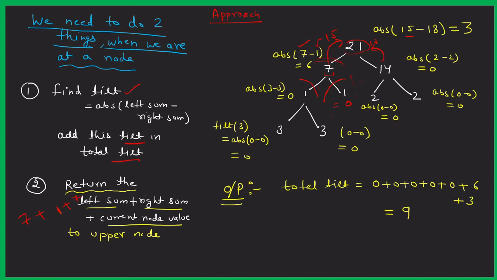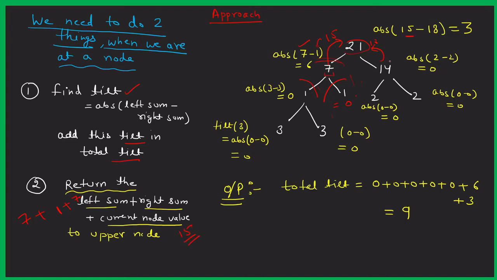So 7 plus 1, 8. 8 plus 7, 15. So it returns the sum of this part plus itself. So the total will be 15. So it returned 15 to the upper node.